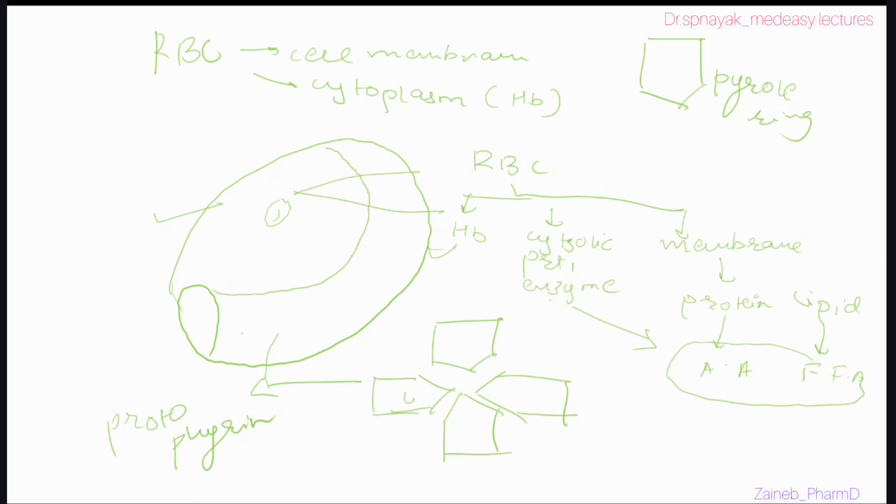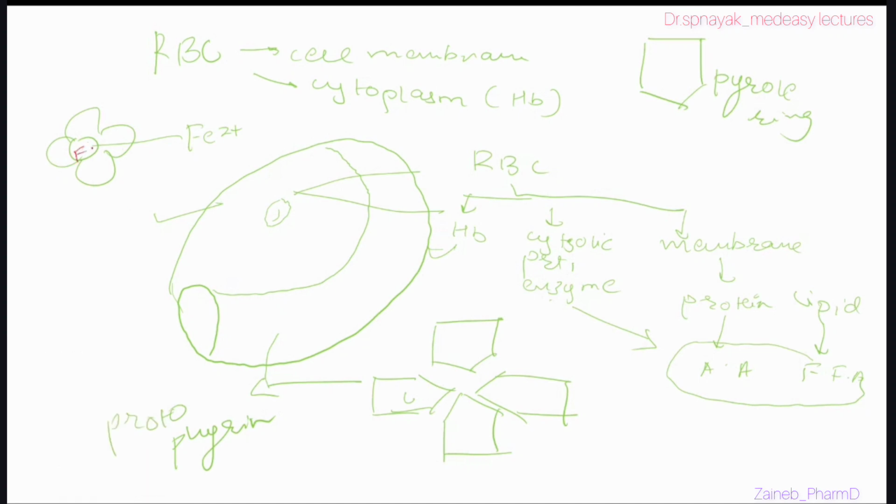Imagine this is a flower. Its petals are the protoporphyrin, and when the center portion of the protoporphyrin is loaded with iron, it will become heme.